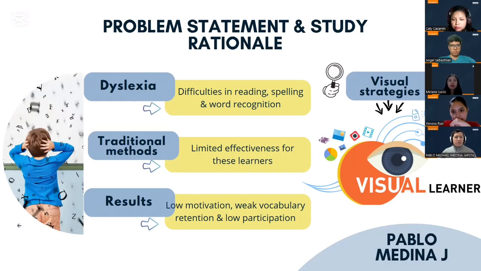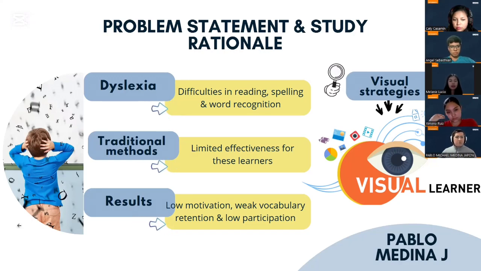In this part, I will explain the problem and the purpose of our study. Learning English as a foreign language, as all of us know, can be particularly challenging for students with dyslexia, mainly because they often struggle with reading, spelling, and recognizing words.